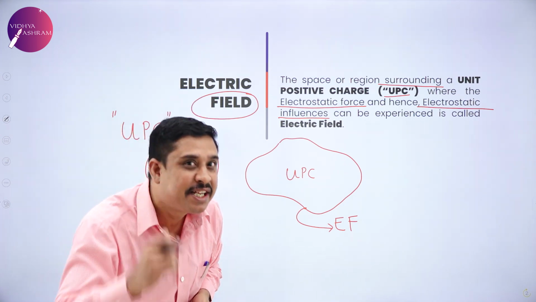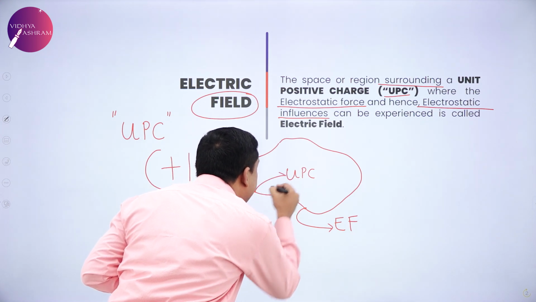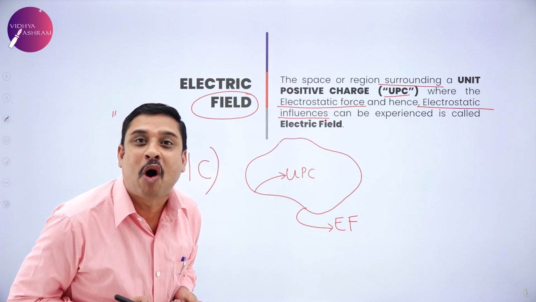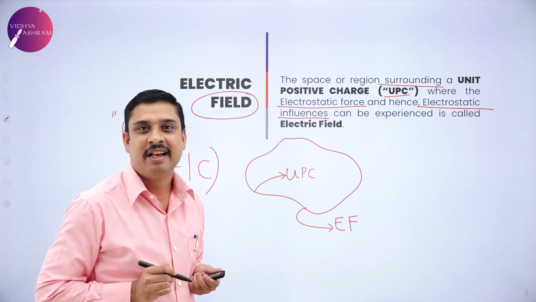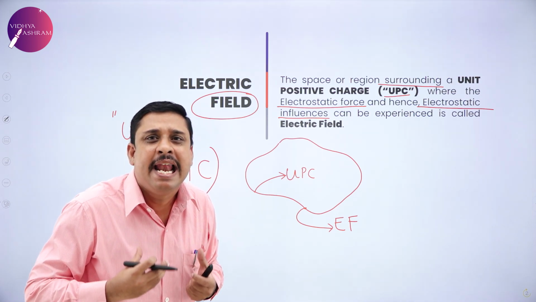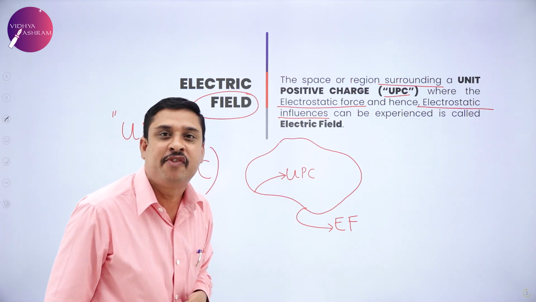Now, what should the electric field do? It should exert some force on that unit positive charge. The UPC should feel some electrostatic influence because of this field.